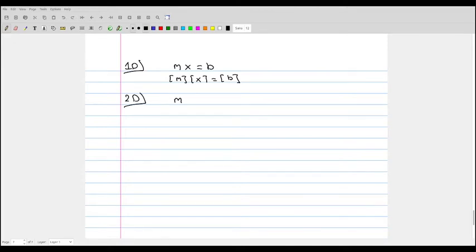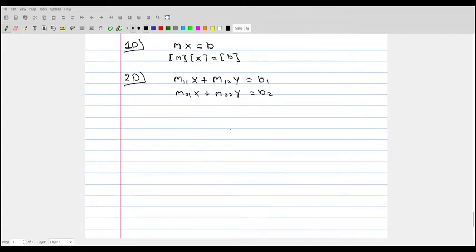In 2D, if you write down a general linear equation, m11 times x plus m12 times y is equal to b1, m21 times x plus m22 times y is equal to b2.